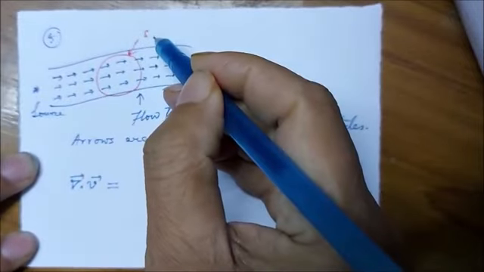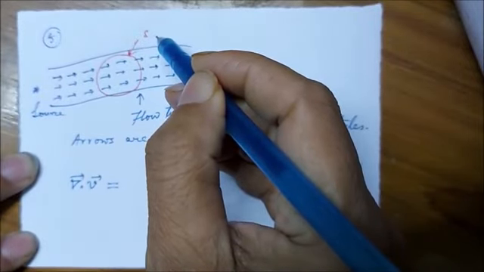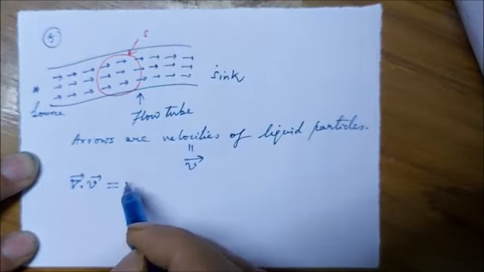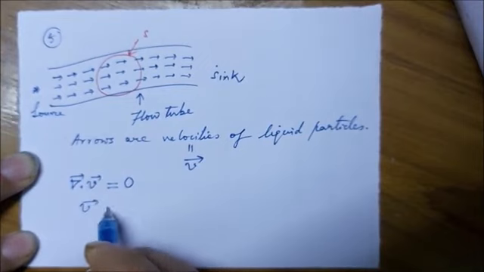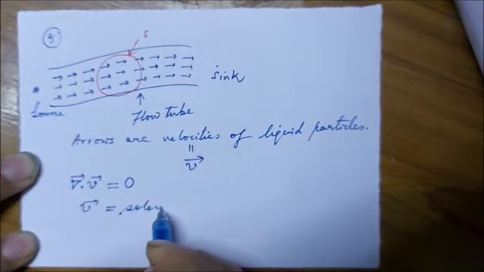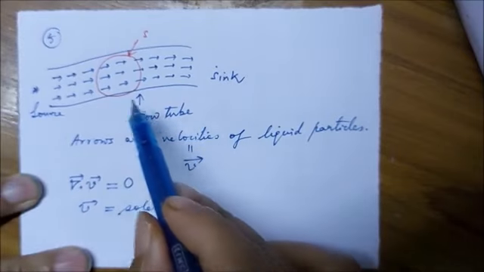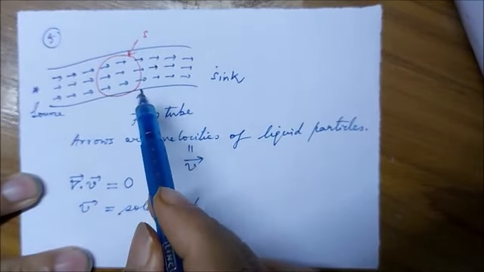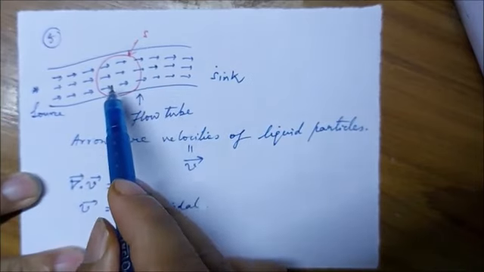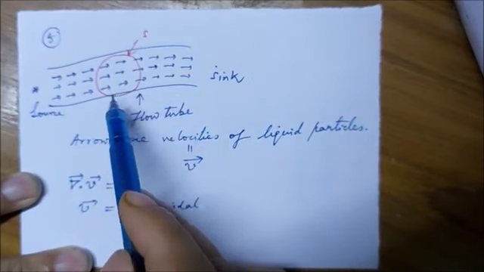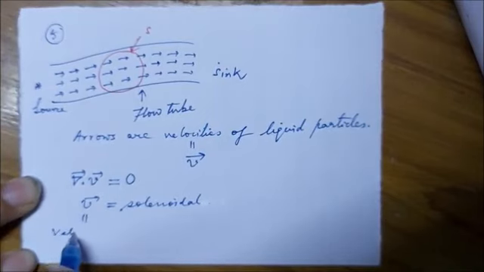Yes, this means as the flux is zero, the divergence is also zero. So V is solenoidal. We also note that there is no scattering, there is no spreading. In other words, there is no divergence or there is no convergence. V is the velocity field.